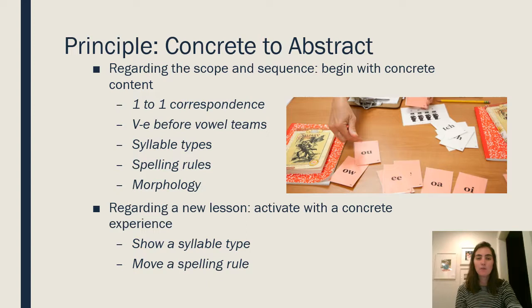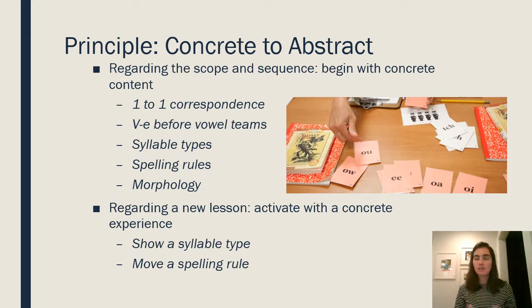Lastly, we have the 4th principle of going from the concrete to the abstract. Now, again, the scope and sequence should sort of take care of this for you. Our beginning spelling is more one-to-one correspondence. You know, each letter makes one sound and so on. So things like bat, at, that's very concrete.